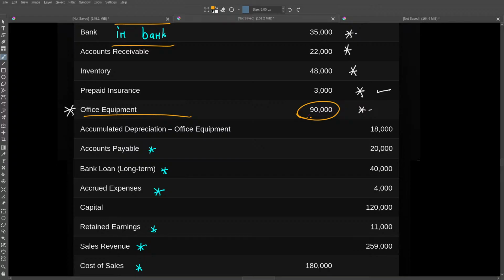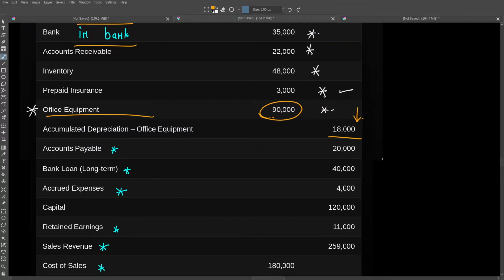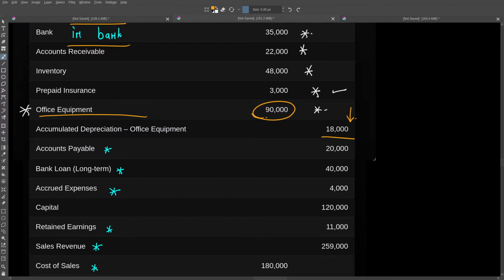We usually record the net book value of this non-current asset, so we need to deduct the accumulated depreciation, which is the depreciation accumulated since we purchased this equipment.